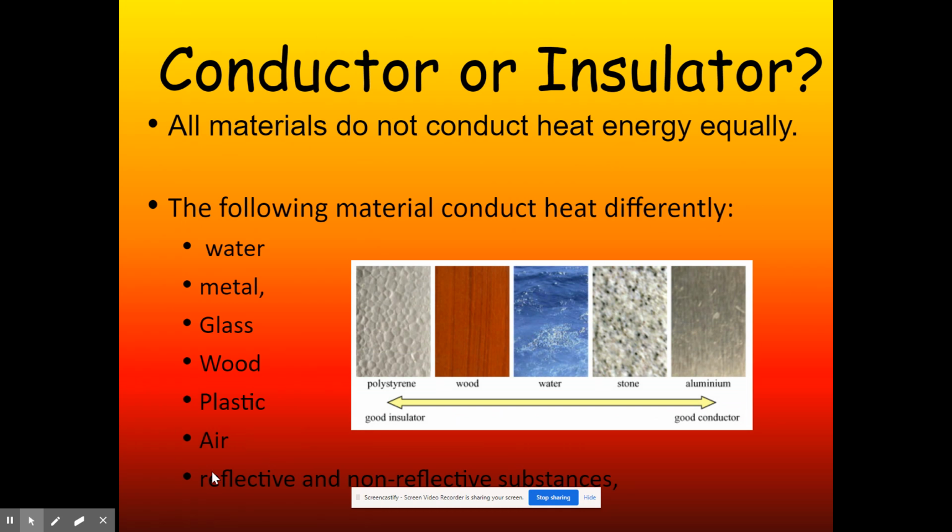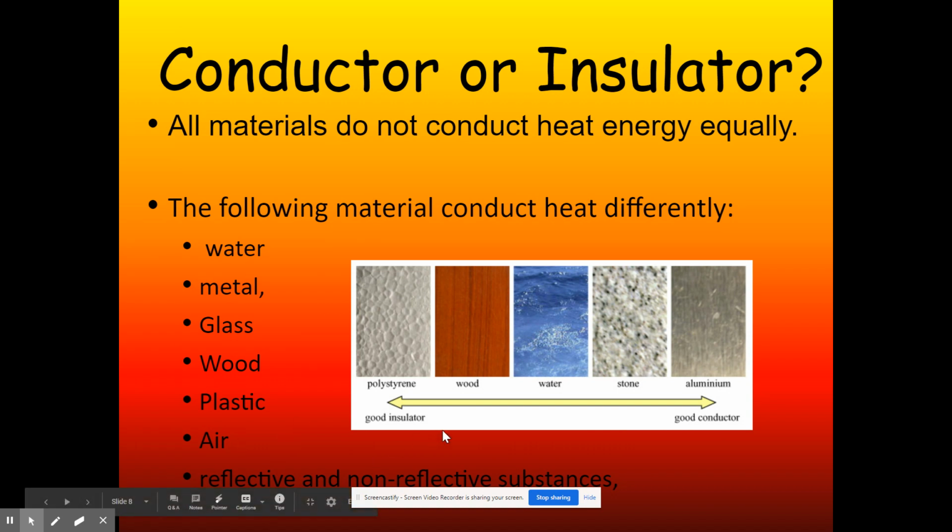When we're talking about whether materials are conductors or insulators, it's on a scale. Remember when I said that the land heats up more quickly and releases heat more quickly because sand is a better conductor than water?